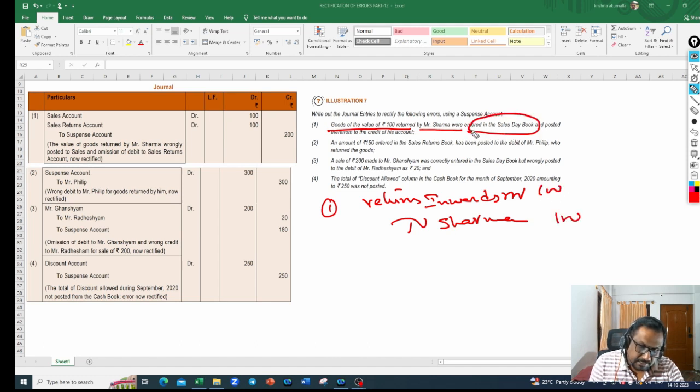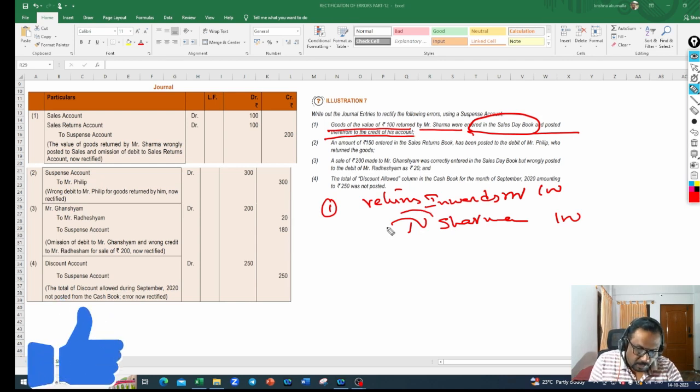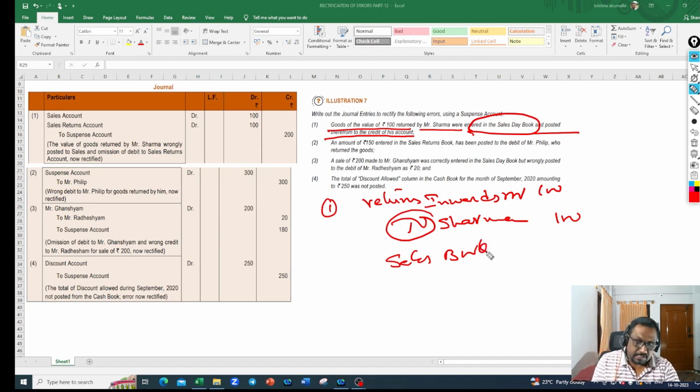But they entered in sales book and posted thereon to the credit of his account. His account is correctly posted to the credit side. There is no mistake there. But the mistake happened in sales book. They entered this in sales book. They did not enter it in sales return.